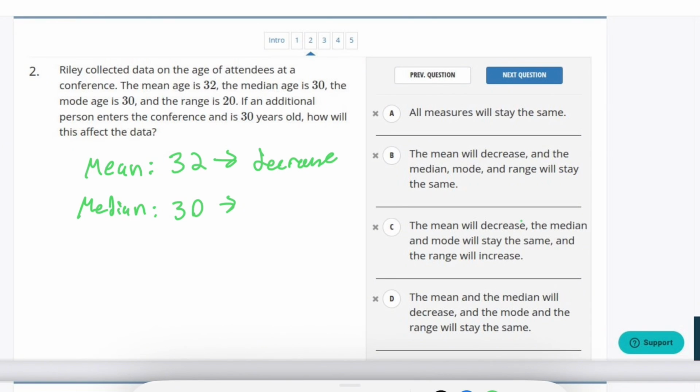The median will stay the same because no matter what, the middle number, if 30 would be added to the data set, if you put it in increasing order, the 30 will still end up in the middle. Whether it's an even number or an odd number, 30 will always continue to be the median. So this will stay the same.